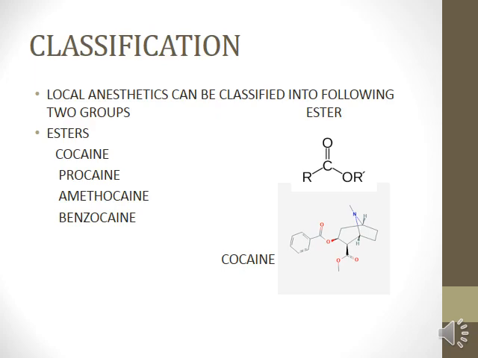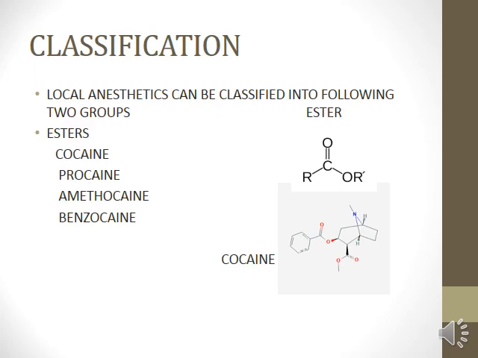One is bound to the carbon via a double bond, whereas the other is bound via a single bond. The ester structure can be seen within the structure of cocaine.